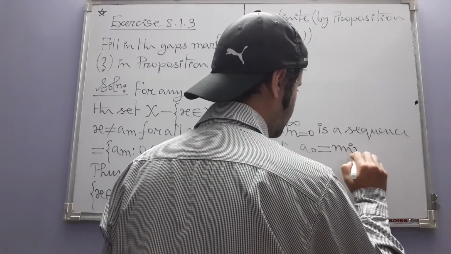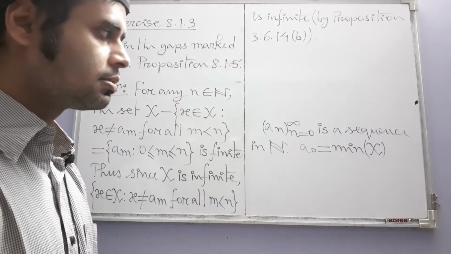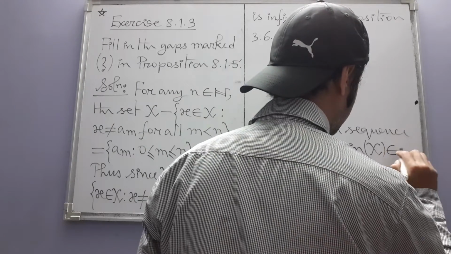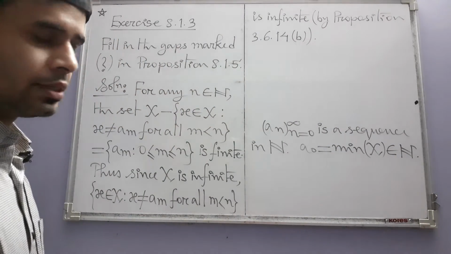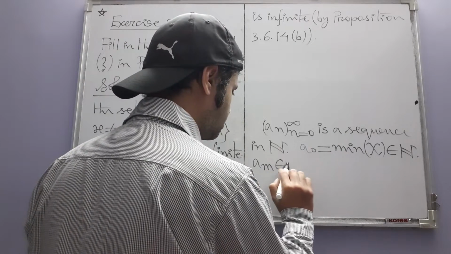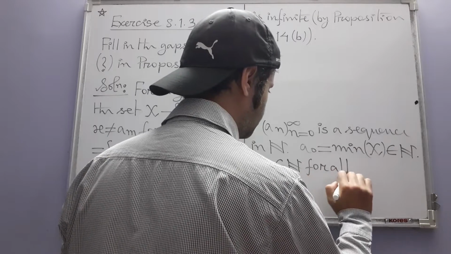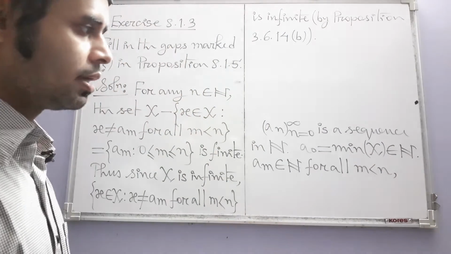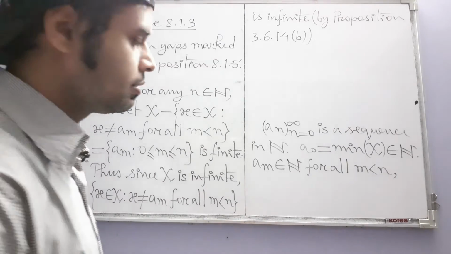It is by definition the minimum of X, and X itself is a subset of the set of natural numbers, so naturally this will belong to N. Then say you have supposed that a_m belongs to N for all natural numbers m less than n, where n is some arbitrary but fixed positive natural number.